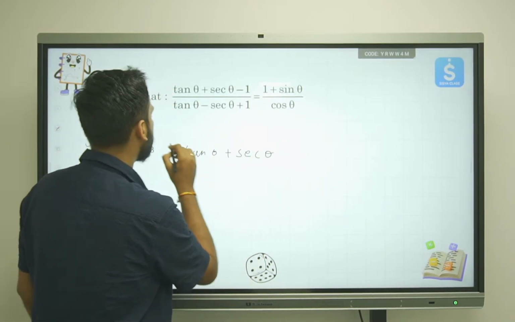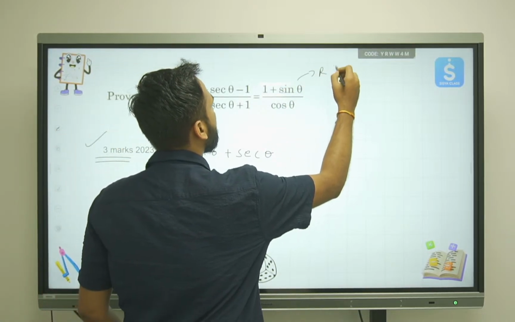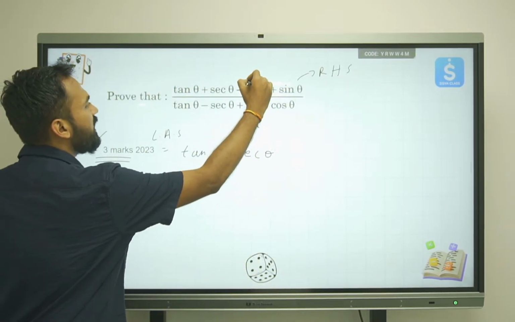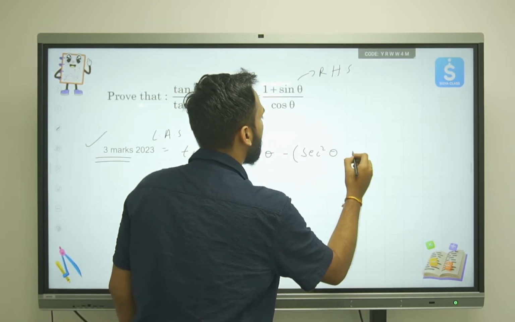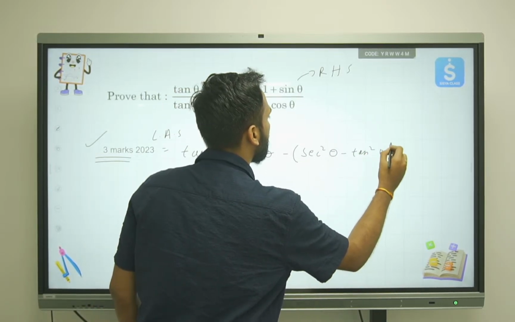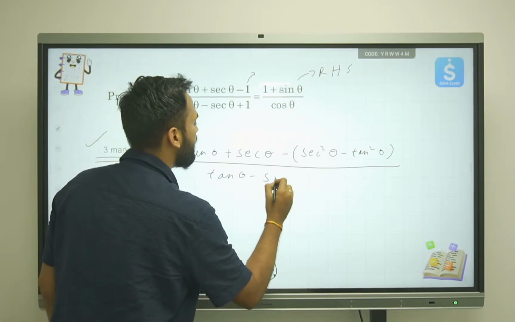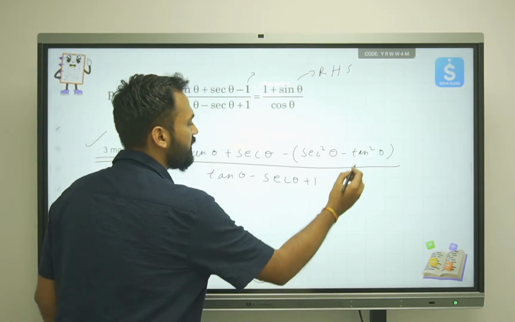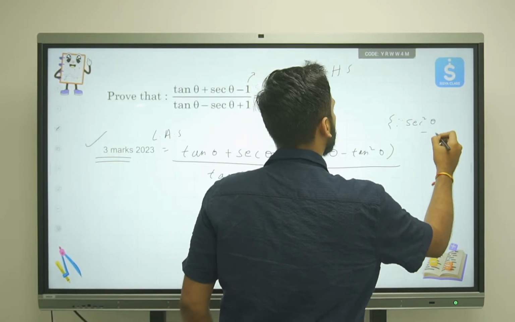I'll be starting with the left hand side. This is the right hand side. So on the left hand side, in place of 1, I'll make this adjustment: secant square theta minus tan square theta, upon tan theta minus secant theta plus 1. The reason for this is secant square theta minus tan square theta is 1.